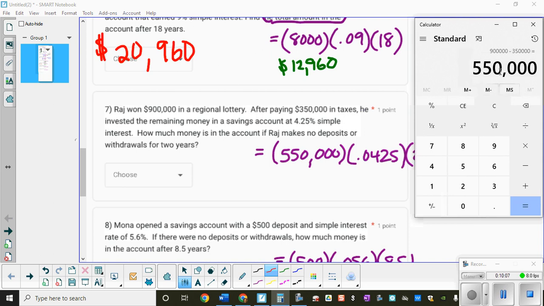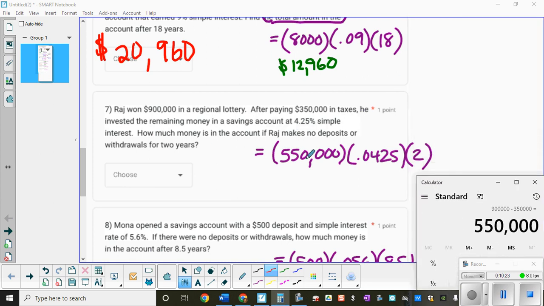So really, Raj gets to keep 550,000. So he invested that remaining money into an account at 4.25% interest. How much money is in the account if Raj makes no deposits or withdrawals for 2 years? What that means is that Raj isn't going to put any money in or take any money out. It's just going to sit for 2 years.